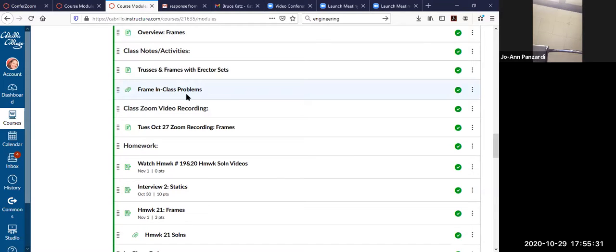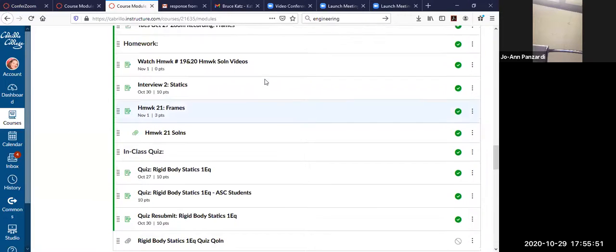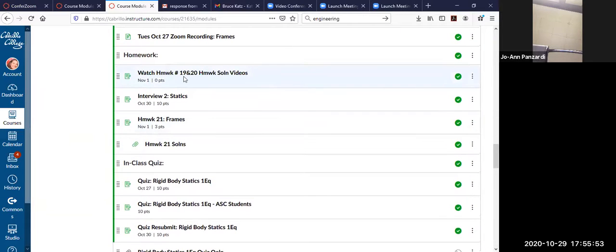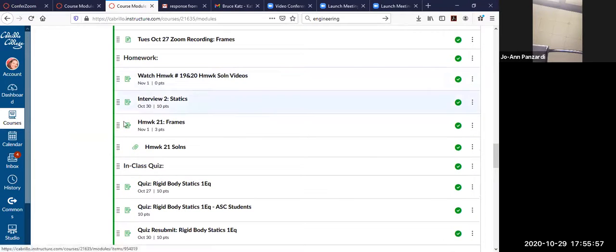And then these were the 2 frame in-class problems. On my to-do list is to solve the problems and post them, so I'll post them right under here. And then here's the Zoom recording from Tuesday, although the only visual it has is me. It doesn't have the notes, but this one will be good, hopefully. Okay, then homework, let me put this first.